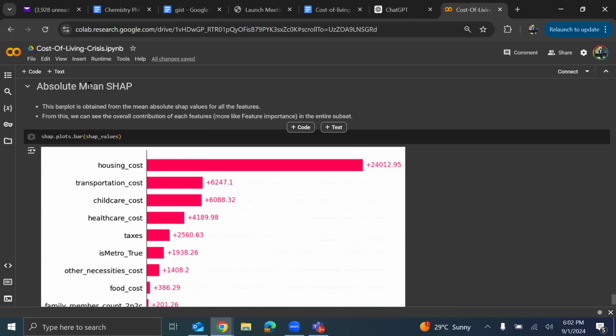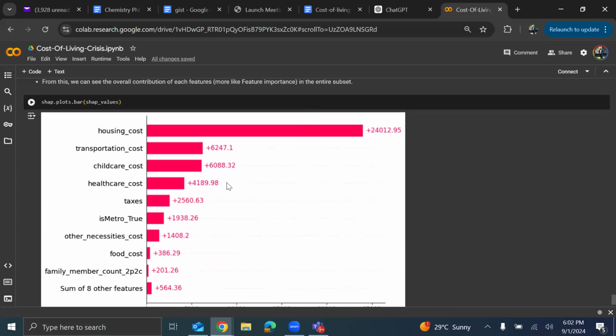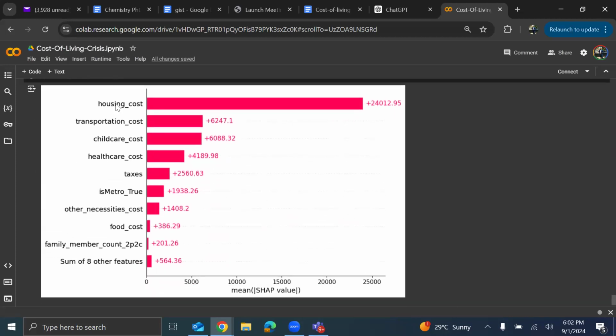Looking at the absolute mean SHAP values, this is similar to feature importance. This tells you that the housing cost is very crucial to the model. Transportation cost, childcare cost. And if you remember, childcare costs and transportation costs were very important when we did that analysis.